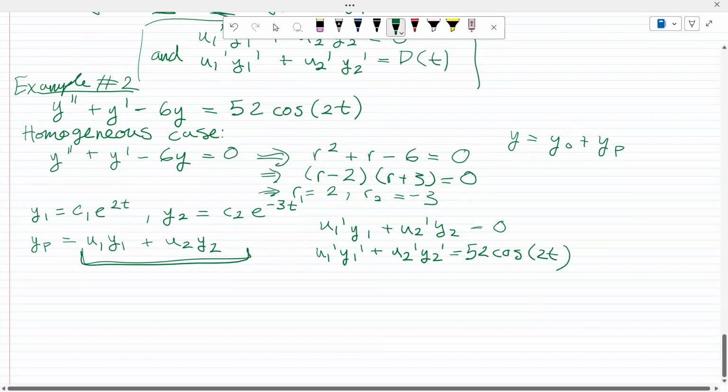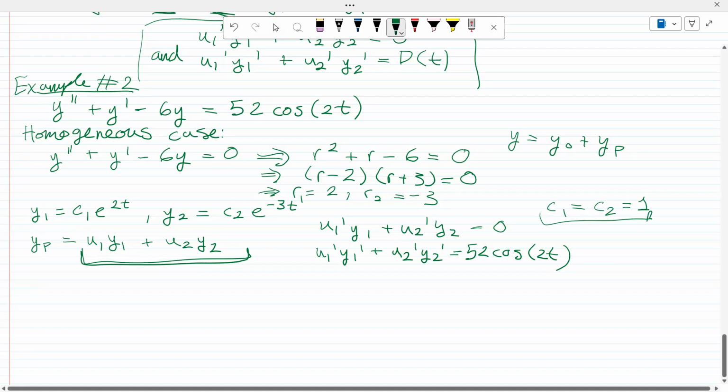All right. So for our particular solution, it's okay for us to assume that C1 is equal to C2 is equal to 1, right? Because our Wronskian needs to work for absolutely any coefficient that we give it, okay? So with this, we can simplify our computations a lot more, right?